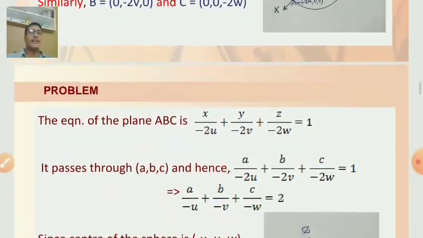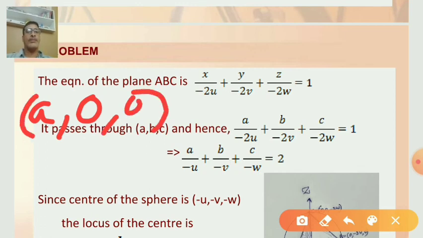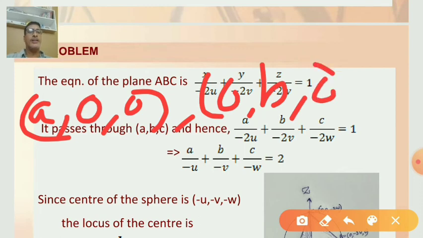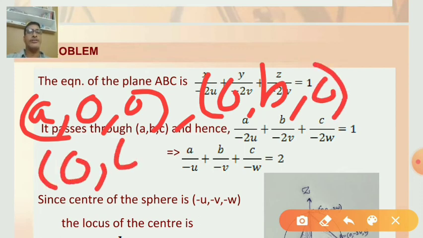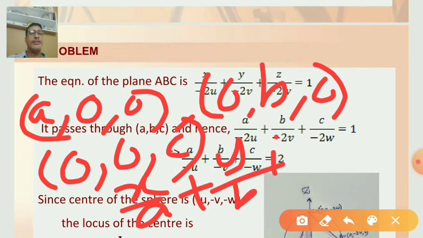Here I will explain one principle. Suppose a plane cuts the x-axis at (a, 0, 0), the y-axis at (0, b, 0), and the z-axis at (0, 0, c). Then obviously the equation of the plane is x by a plus y by b plus z by c is equal to 1.